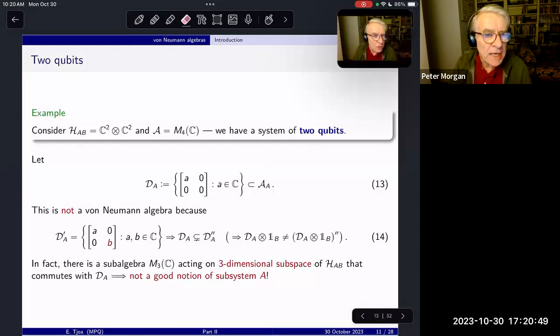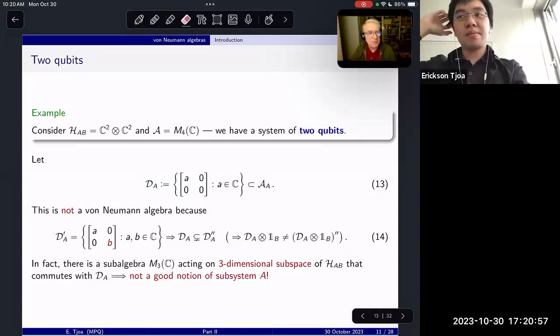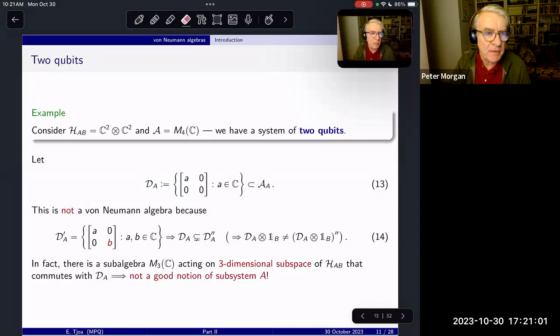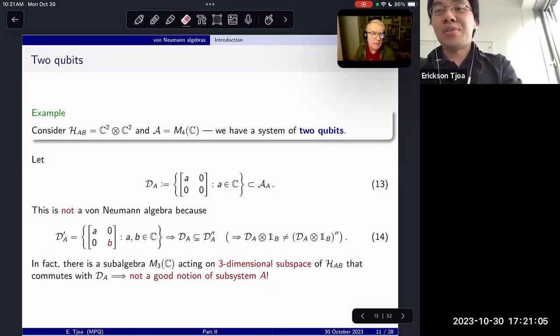You can exponentiate everything and produce for yourself a subalgebra generated by that subset, and then you can take the double prime. So you don't need a C-star algebra to begin with. You just need a set. Yeah, but I guess you have to be careful: you need to include the identity, otherwise the exponentiation is not closed. Oh no, wait, you are right actually.